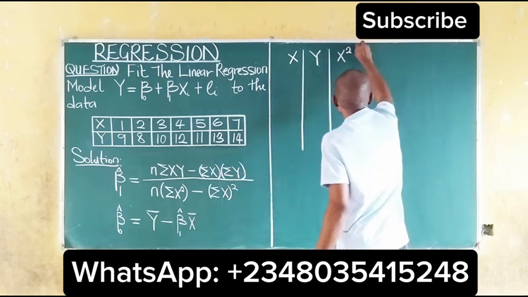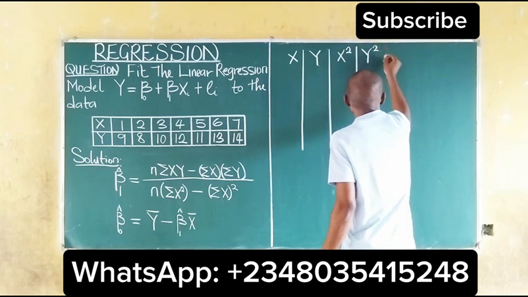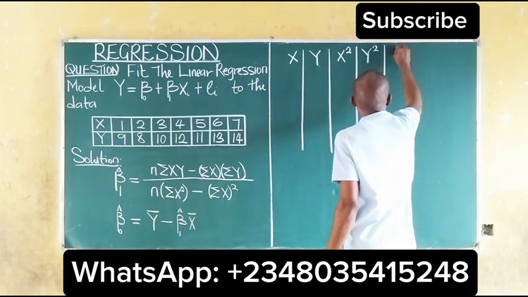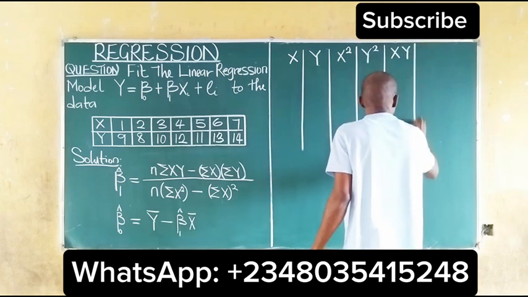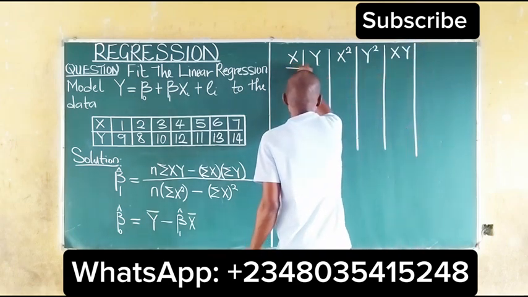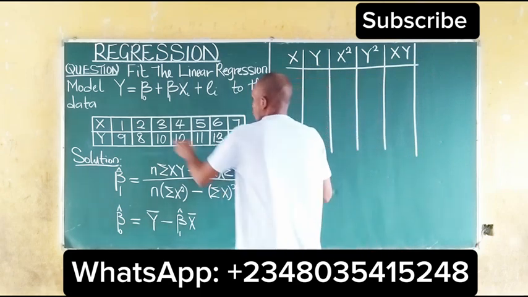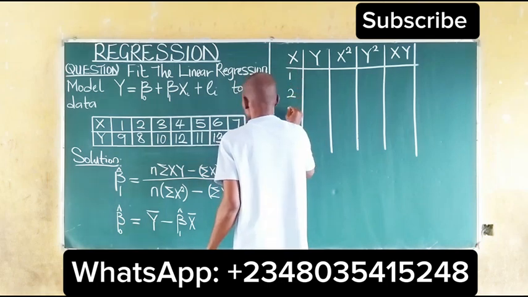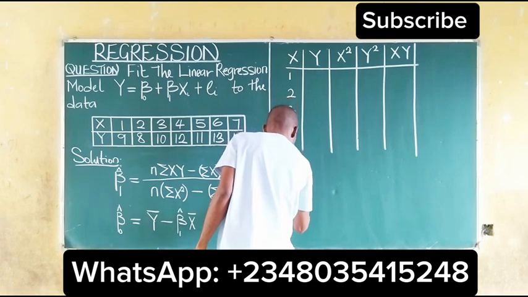We can still put y squared and xy. So these are the items we'll be looking at. Of course, we have this as our data 1, 2, 3, 4, 5, 6, and 7.